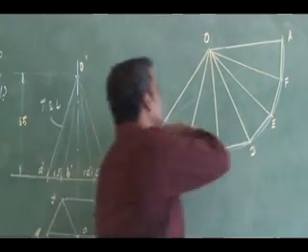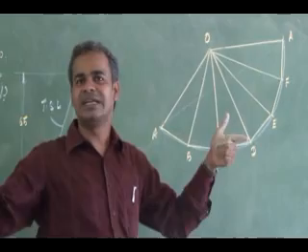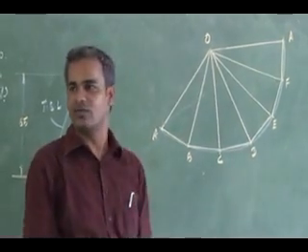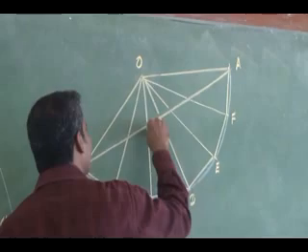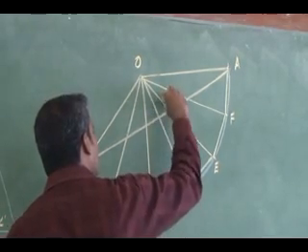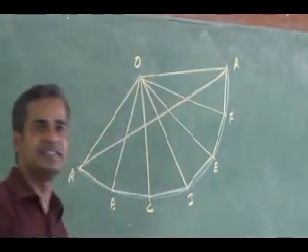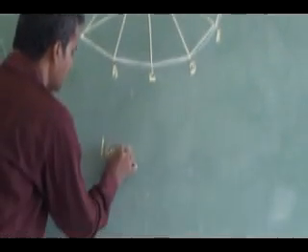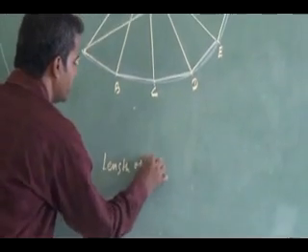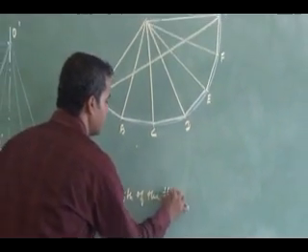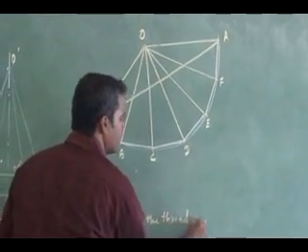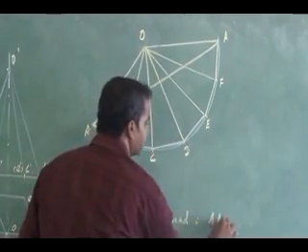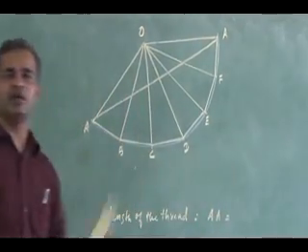So you have to measure A to A and write that value. What is the length of the thread? A to A, this is 10. Measure it and write it.